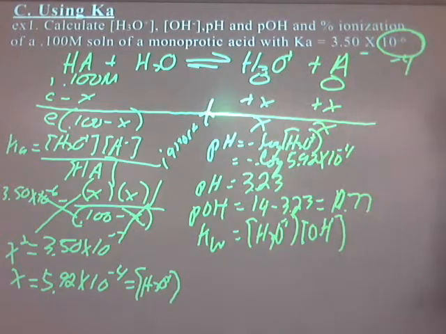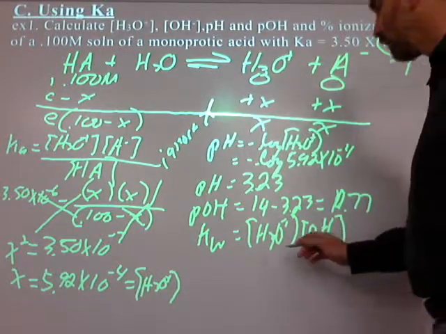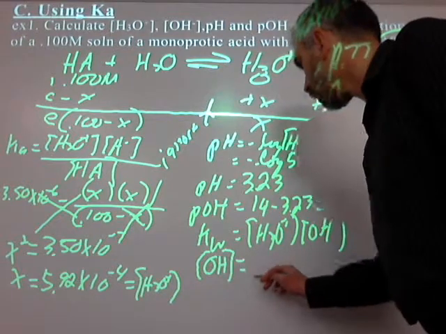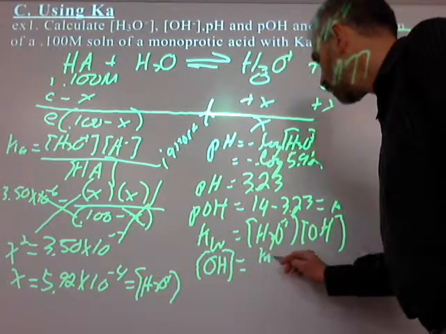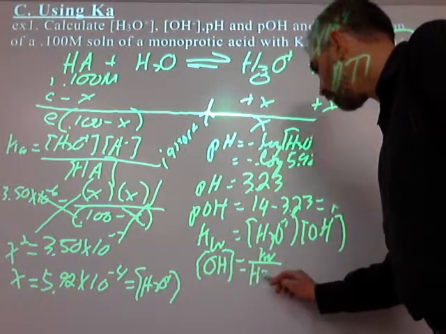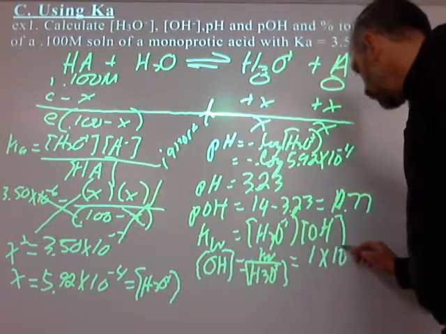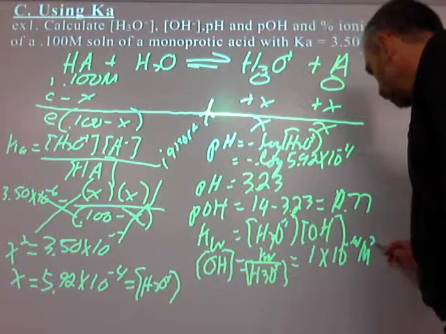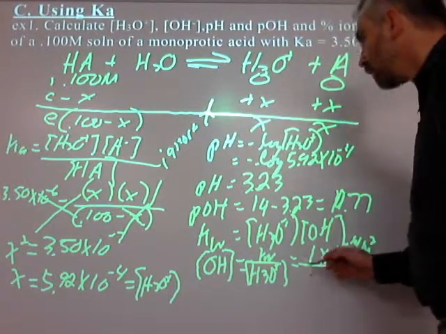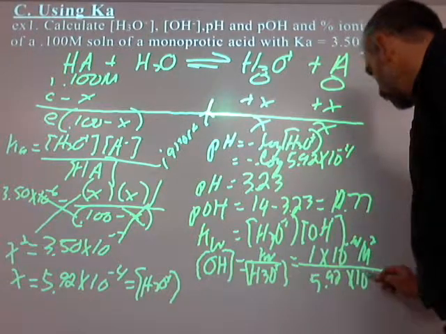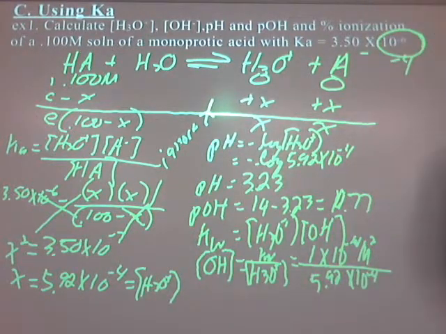Okay? Kw. When there's trouble, you call Kw. Kw equals hydronium times hydroxide. I know the hydronium. I'm going to figure out the hydroxide. So the hydroxide equals Kw over hydronium, which is 1 times 10 to the negative 14th molar squared over the hydronium, which was 5.92 times 10 to the negative 4th, or 0.000592.